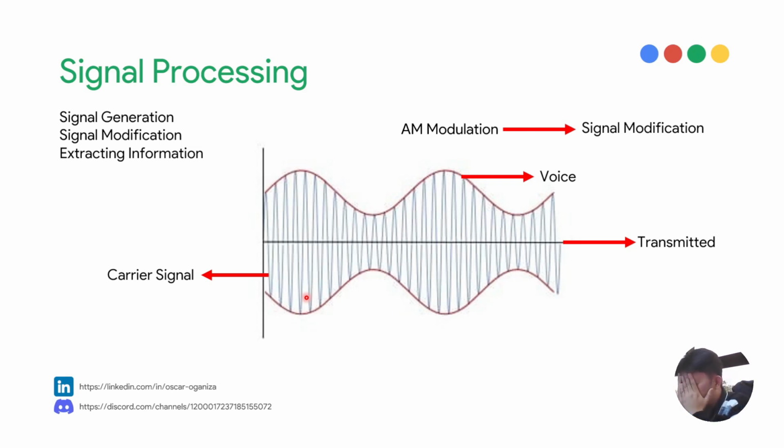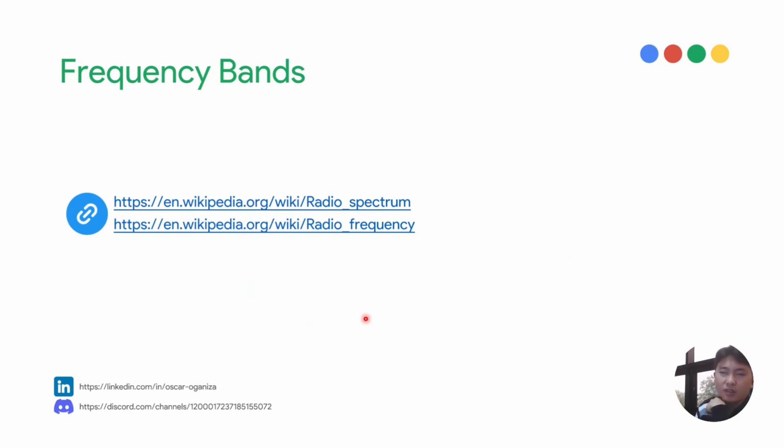So on our next video, next presentation, I will study more on how signals are technically processed. But that's the idea of how signals are processed using generation, modification, and extraction of information. And also, in our next meeting, let us visit the radio spectrum and radio frequency.